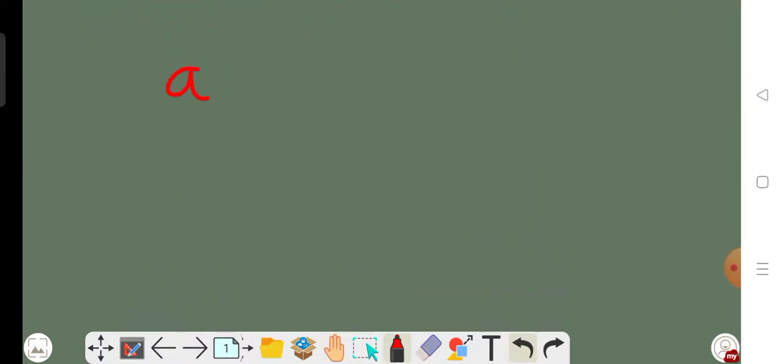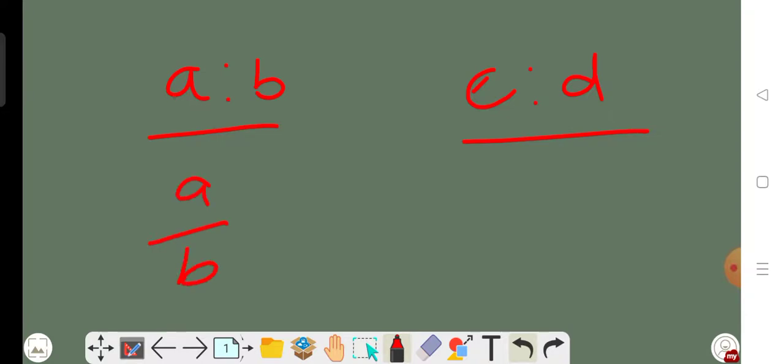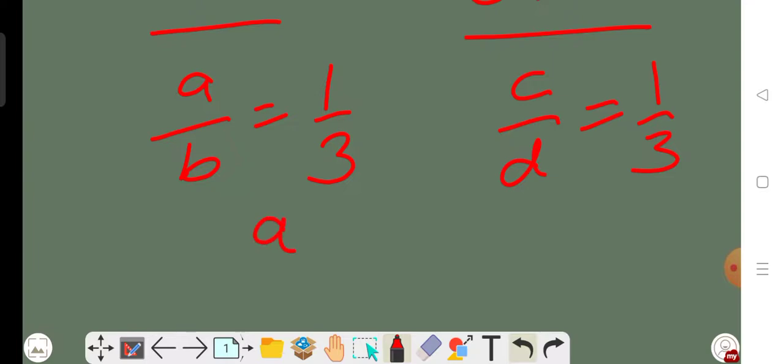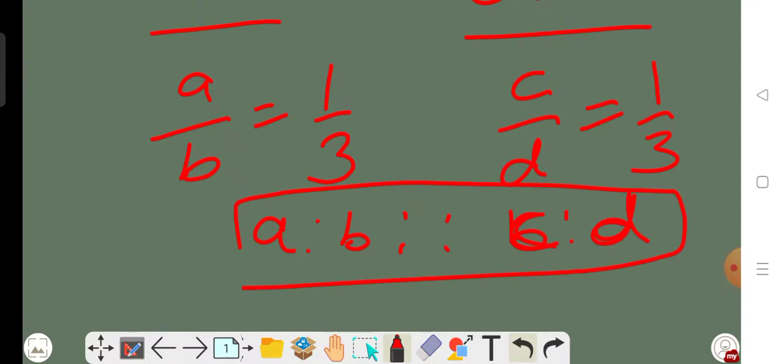If we have A:B and C:D and their standard forms are the same, for example, A by B is equal to 1/3 and C by D is also equal to 1/3, then we can say these two ratios are in proportion. A:B is in proportion with C:D, and these four dots are the symbol for proportion.